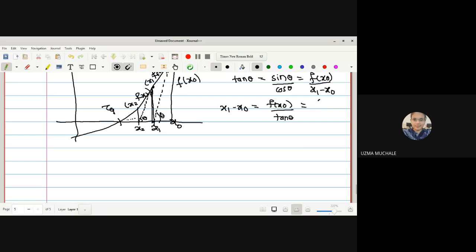This is nothing but your slope of tangent, which is the first derivative, correct? Can anyone explain to me why I have written f dash as tan theta? Why is f dash tan theta?